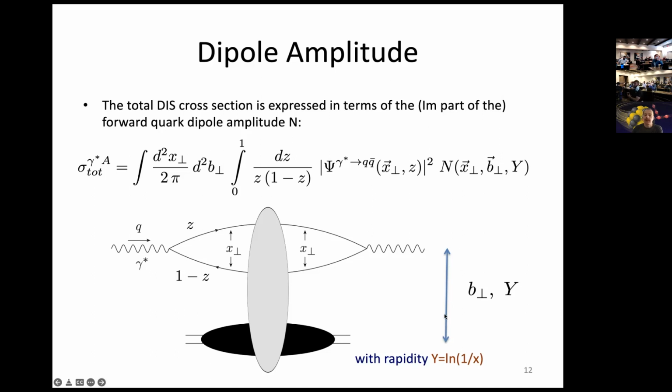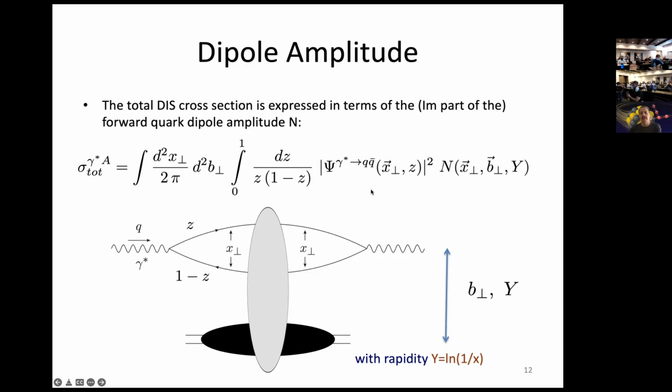We have the impact parameter b perp, just the impact parameter between the dipole and the proton, and then of course this scattering amplitude may depend on the center of mass energy, and that dependence comes in through the rapidity y, which is log 1 over x. And of course we have to integrate over z, over the impact parameters, and over the dipole sizes with this integration measure. The details here are not terribly important at this point.